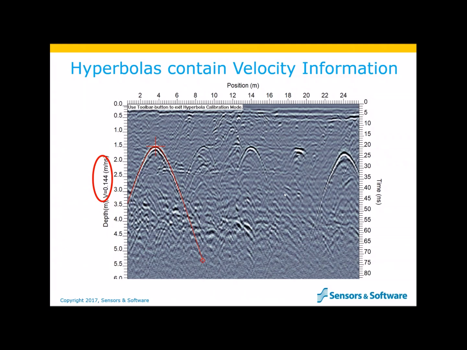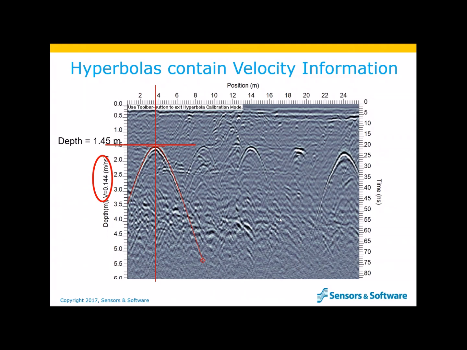The depth scale is now updated using the new velocity. Now let's check the depth of the leftmost hyperbola again. It is now about 1.45 meters deep. The depth estimate is much more accurate because we are using the measured velocity of the soil and not just guessing. Velocity calibration usually gets you to within 10% of the actual depth of the object.